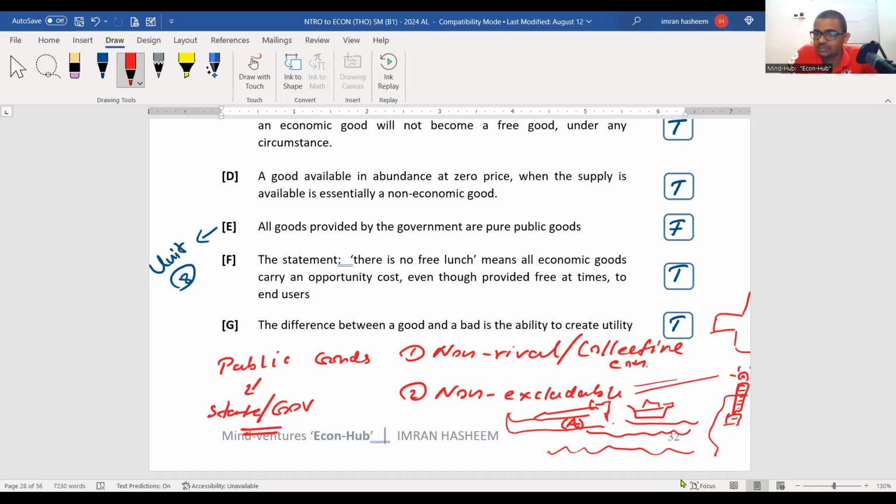It's rival in consumption. There's a competition in consumption. We were affected by that when we started the class today. Get it? Just because something is provided by the government, in economics we don't call it a public good. For us to call it a public good, it has to be non-rival and it has to be non-excludable. Right. So I'll stop there.